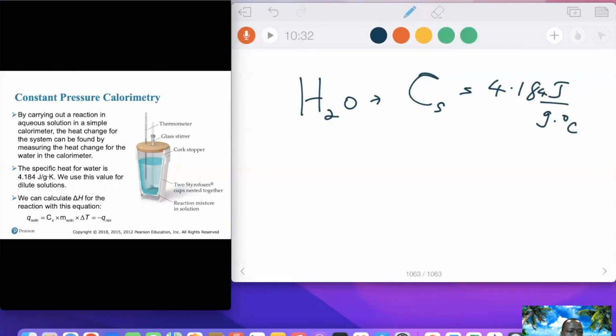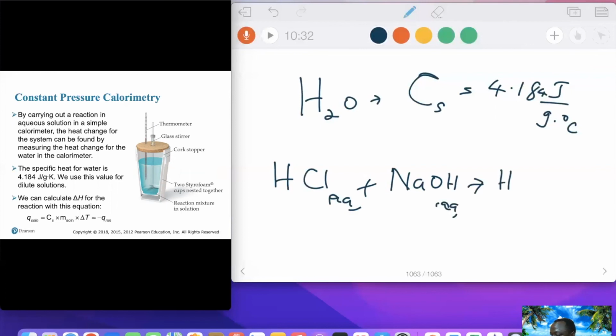There is an equation here. If we have two reagents, let's say HCl in a neutralization reaction plus aqueous sodium hydroxide to form H2O and sodium chloride, which is an ionic compound, aqueous, soluble in water. The solution is the combined mixture.